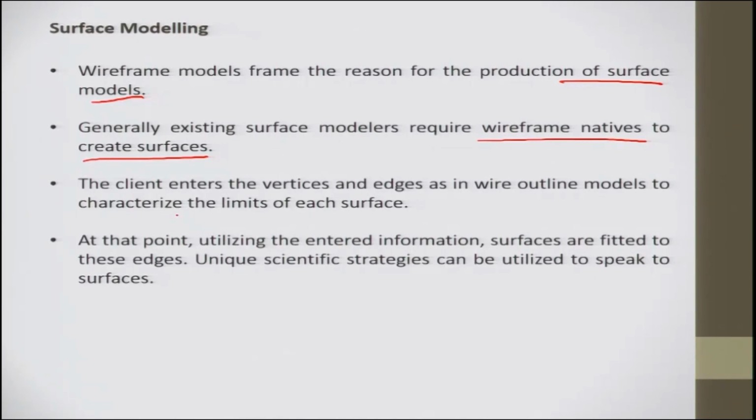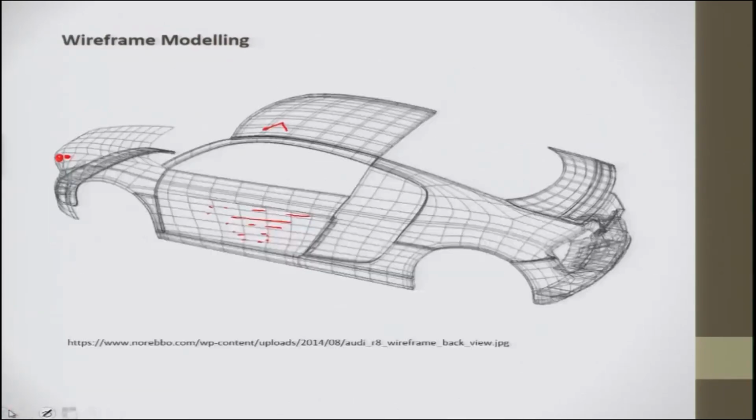The user enters the vertices and edges in wireframe models to define the boundaries of each surface. So these wireframe models are nothing but the boundary of my surface. The upper boundary, lower boundary here, and these are the boundaries here. So here we would have the surface. So maybe if I say the boundary of the body also, the wireframes are providing this.